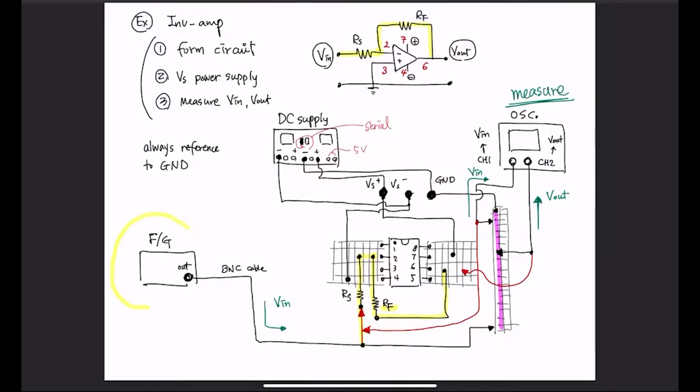So you have a function generator, your output is being connected through a BNC cable. You have to connect your input here, and the other node is being connected to your ground. It is very important that we always reference to the same ground, okay?